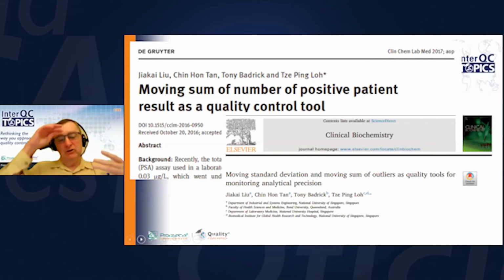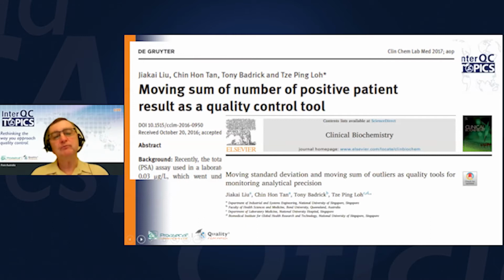The other thing that you can measure are the number of outliers, and that is the number of patients that are outside particular limits. Those limits may be the reference range. So you might want to measure any samples that are above the reference interval or below the reference interval, because that's telling you something.